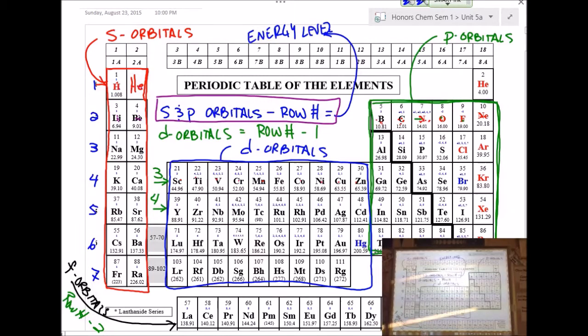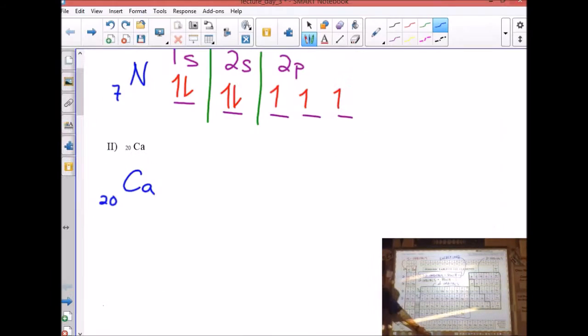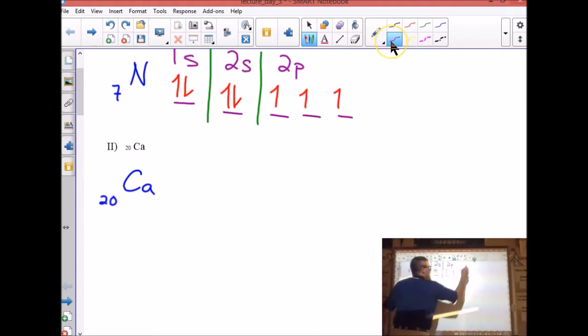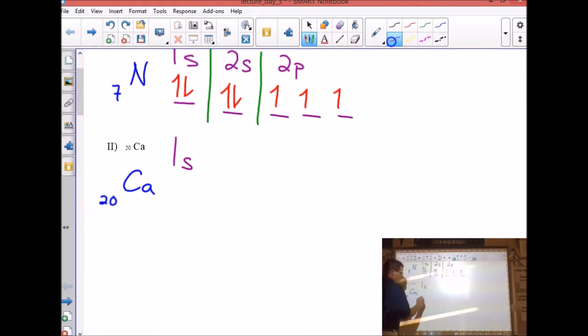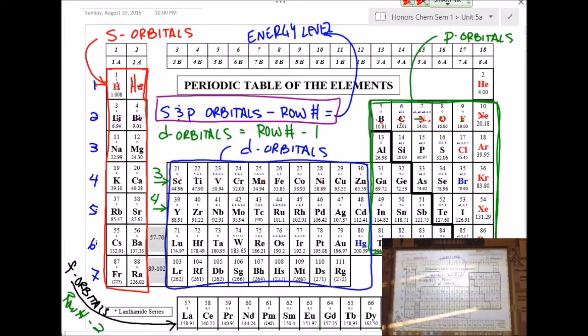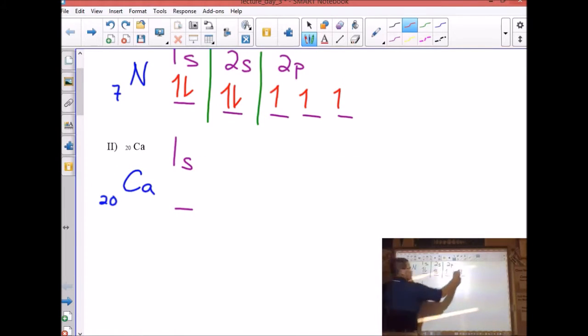All right, so we start at the beginning. What are we going to write? 1s, and then put 1 dash there. And how many electrons should go in there? 2. We're going to fill it up. We're trying to get to calcium, which is in row 4. So we'll speed this up a little bit. We'll drop 2 electrons in there.